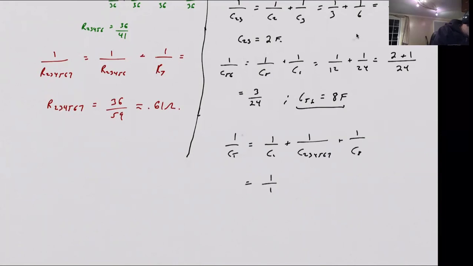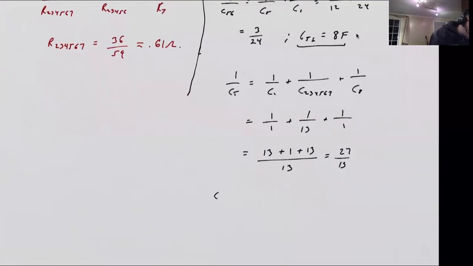That is 1 over 1 plus 1 over 13 plus 1 over 1, which is going to be 13 plus 1 plus 13, whole thing over 13. 13 plus 13 is 26 plus 1 is 27 over 13, which means that if we take the inverse, the total capacitance CT is 13 over 27, which is more than good enough to leave the result as such.